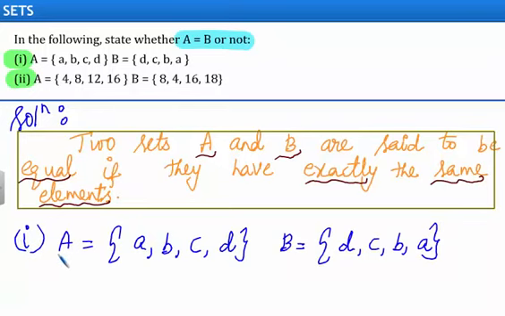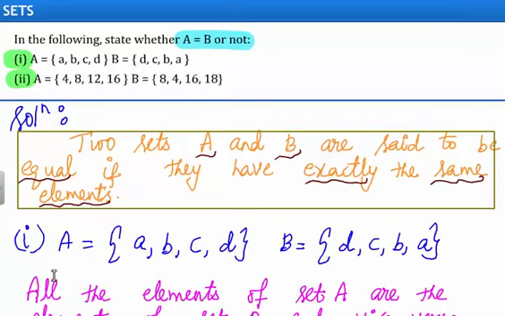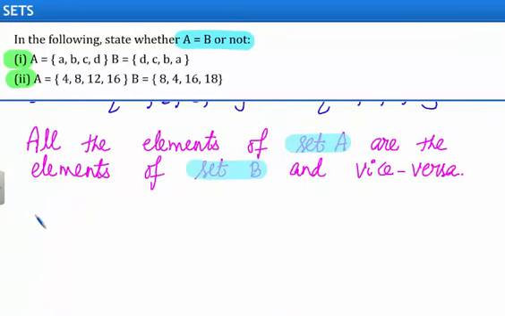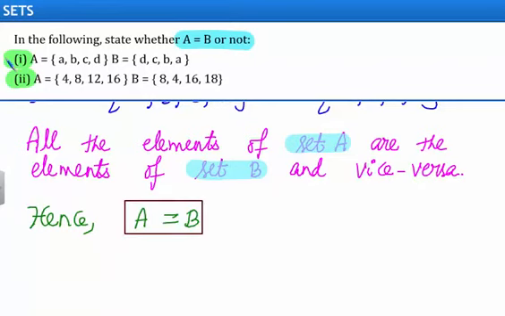Here we have two sets A and B. Here we can see that all the elements of set A are the elements of set B and vice versa. Hence, we can conclude that set A is equal to set B. This completes the solution of first part.